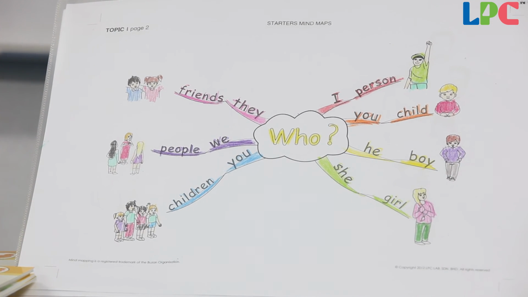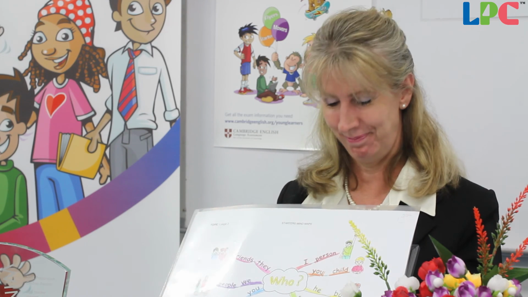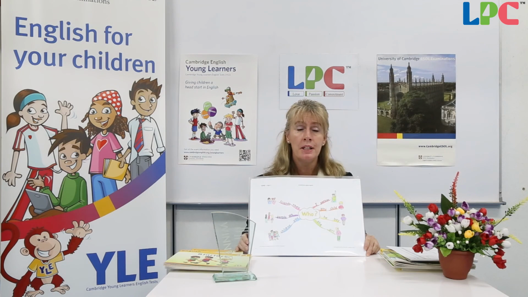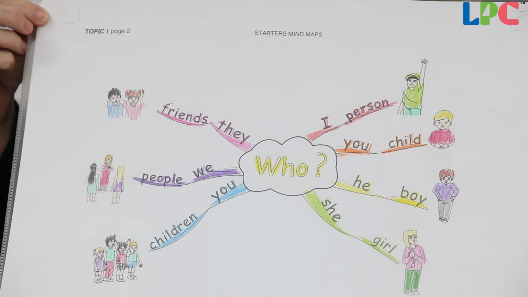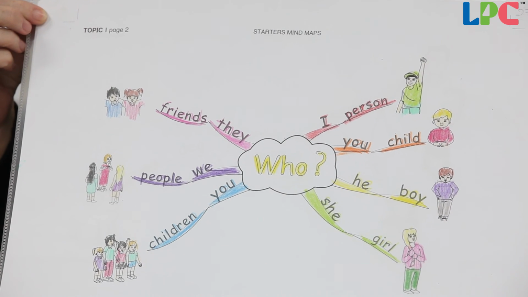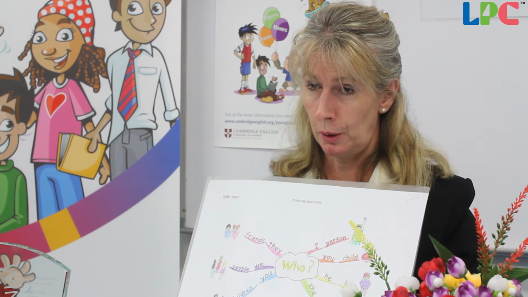There are 2 mind maps per topic. 2 pages of mind maps per topic. Okay? There are 2 mind maps per topic. And this is topic 1 and it's page 2. Remember, there are 2 mind maps per topic.